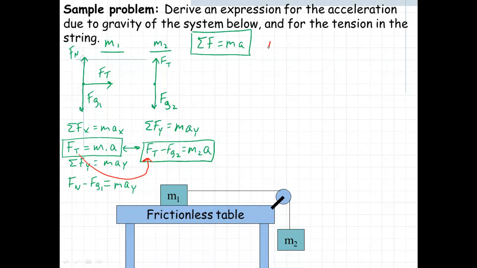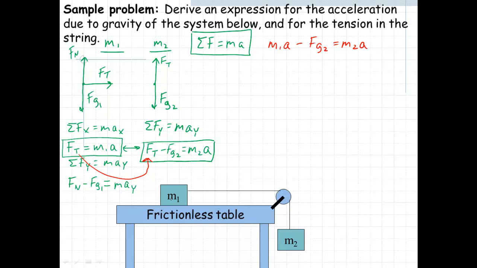I'll write it as M1A minus Fg2 is equal to M2A. Now notice in the original equations I left that acceleration and that acceleration without subscripts because I want to show that they're the same acceleration.